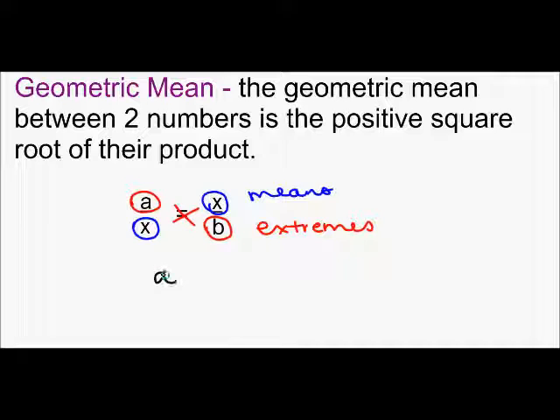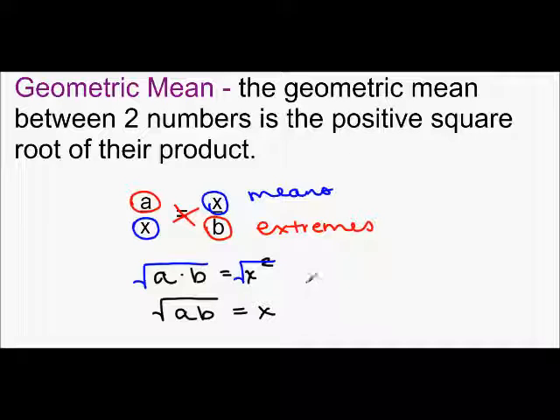So I'd get a times b equals x times x is x squared. And now to get x by itself, I square root both sides. So the square root of a times b is equal to x, and that's what this says up here. So the geometric mean is the positive square root, there's no negative out here, of the product of those two numbers, so a times b.